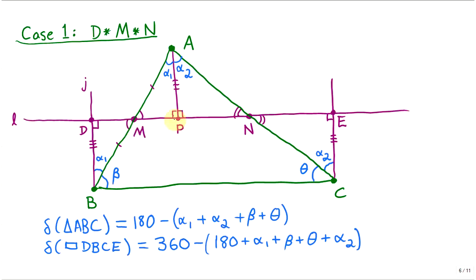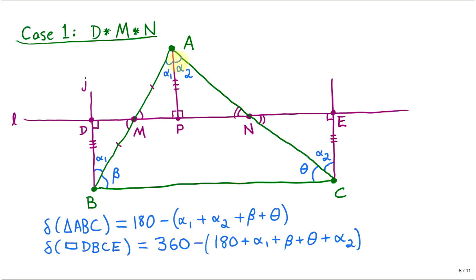DMB is congruent to PMA by angle side. That means this angle, marked as alpha 1, is congruent to this angle, which we can then mark as alpha 1. And the side DB is congruent to the side AP, so we mark them as equal. Then we have the triangles PNA and ENC, again congruent by angle, angle, side.